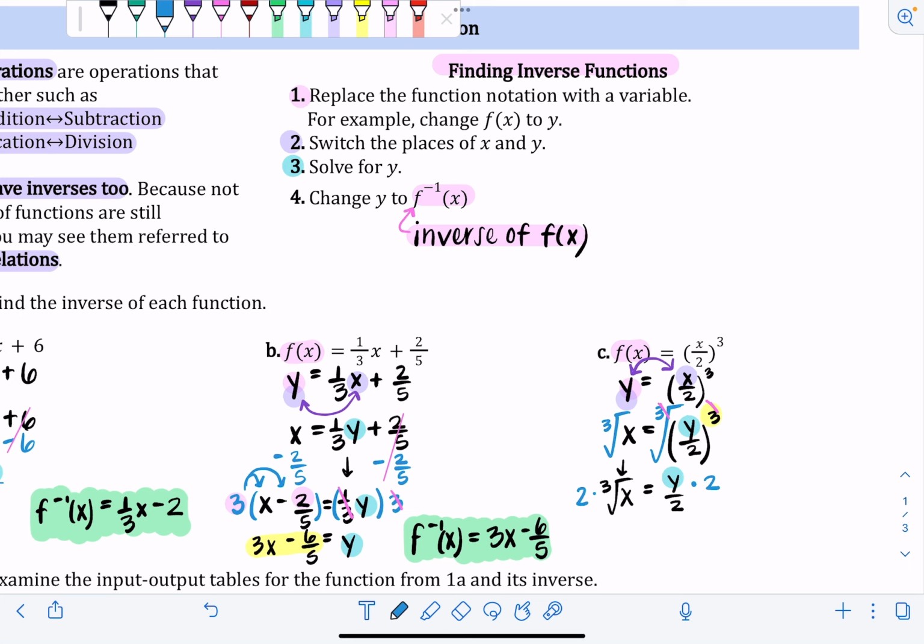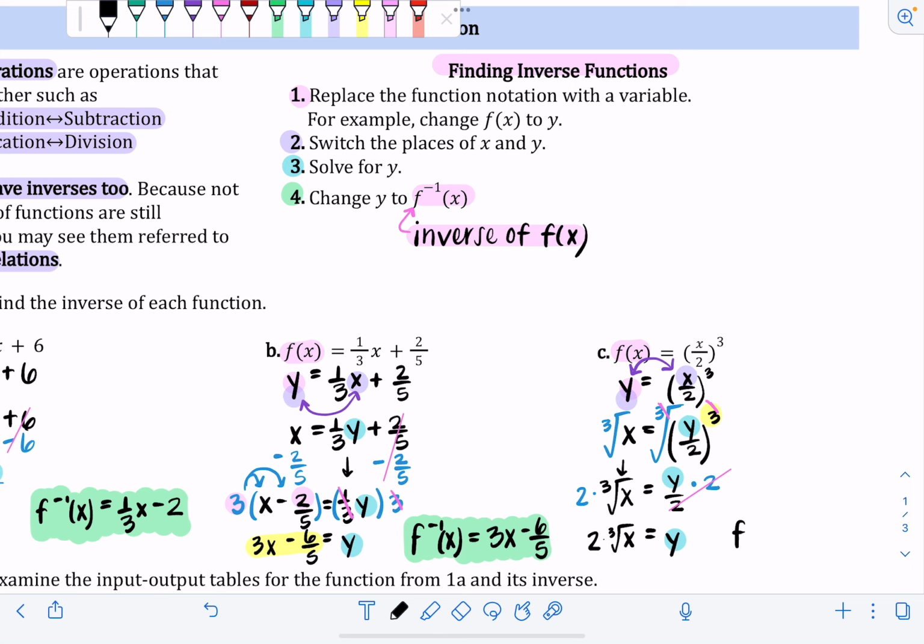So then this would become 2 times the cubed root of x equals, and then the multiplying by 2 and dividing by 2 would cancel out, so it'd be equal to y. So we have y by itself. That means we've solved for y and we're done with step 3, and we can move on to step 4, change y to the inverse of f of x.